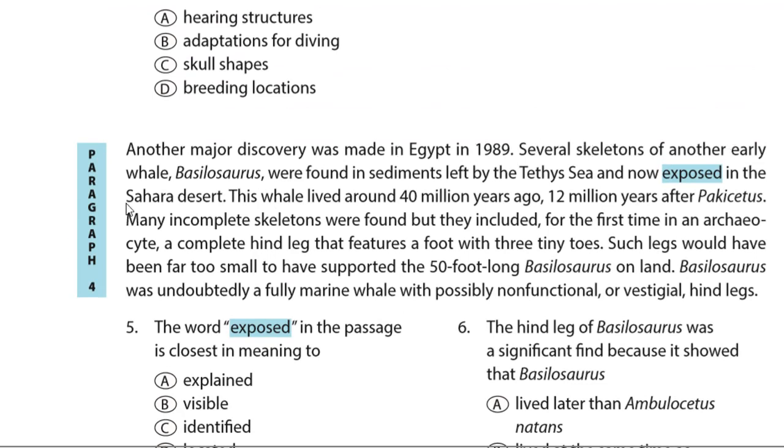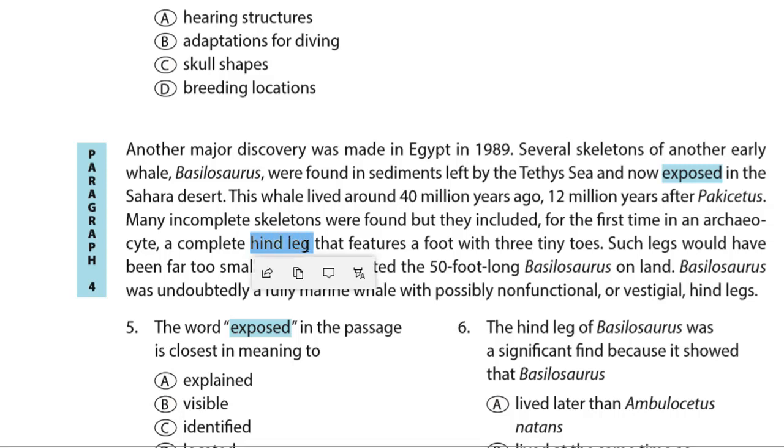Now we skim for the keywords. Basilosaurus. We have legs here, but we didn't find hind, but it could be. Okay, now we're gonna read from the beginning. Oh, here are the hind legs.